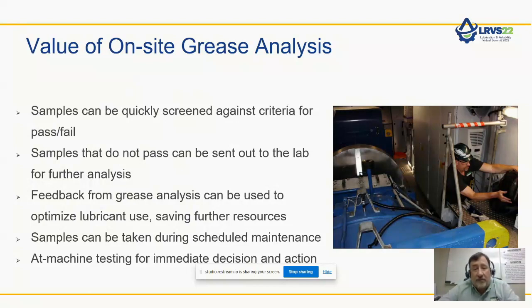And when we get that feedback from grease analysis, we can use that to optimize lubricant use. So I'm going to talk about two core tests that can be done for grease that are very quick, very simple to perform, even in the field or right at the machine, which cover a wide range of parameters that can change on both the machine side, where it's looking at the wear of the machine, but also looking at the condition of the grease through its appearance and color.